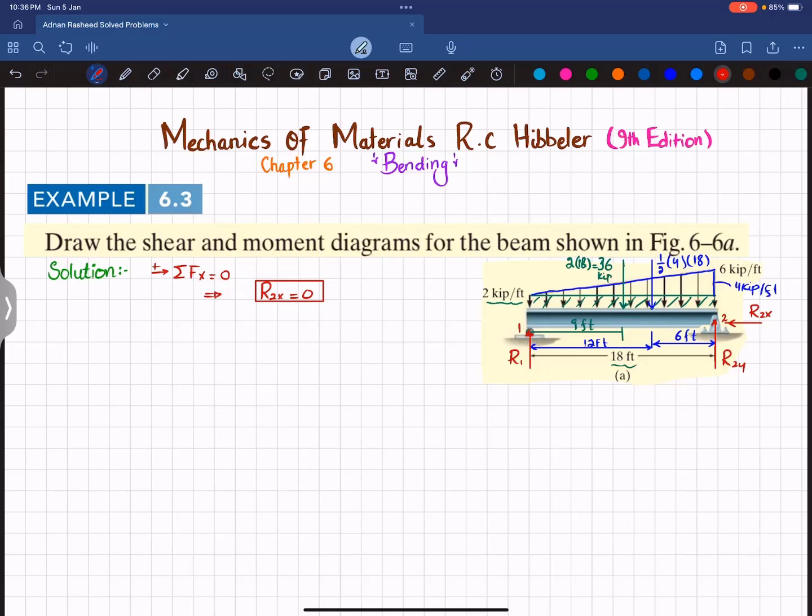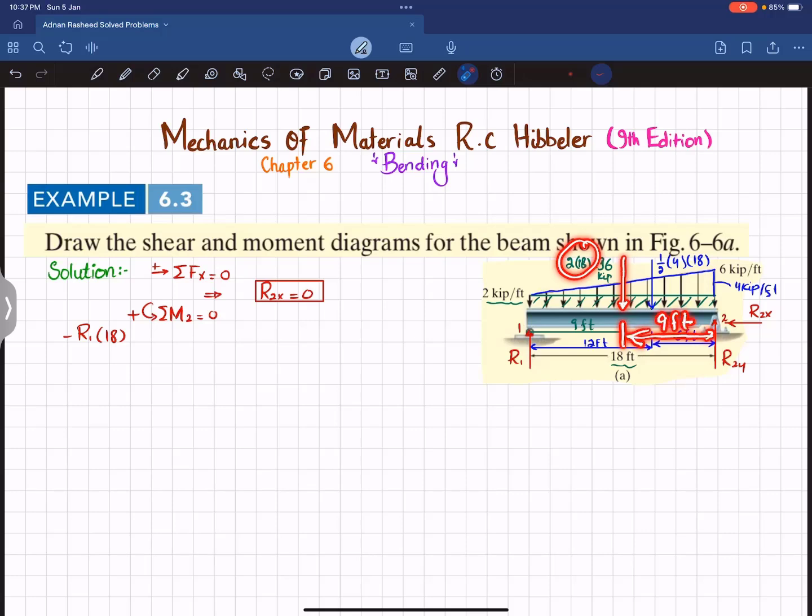Now we will find the second force by using the equation of equilibrium that the sum of all moments about point 2 is equal to 0, taking the counterclockwise moment as positive. So about this point 2, the first moment will be this R1 into perpendicular distance 18, and this is producing clockwise moment, so it will be negative. So I can write it as minus R1 times 18. The second force that is producing moment is this 2 into 18, and the perpendicular distance will be 9 feet.